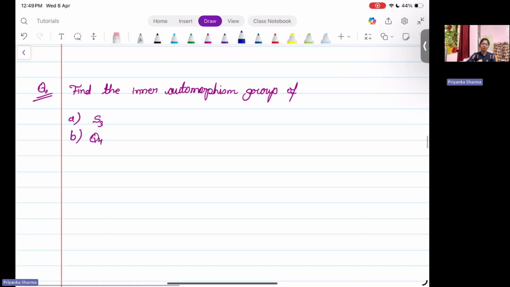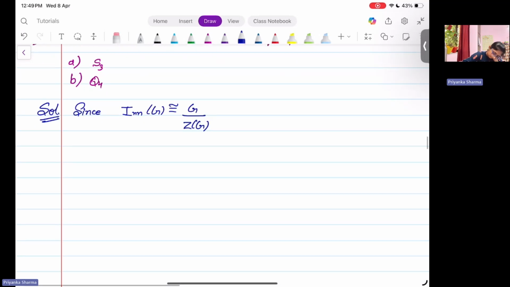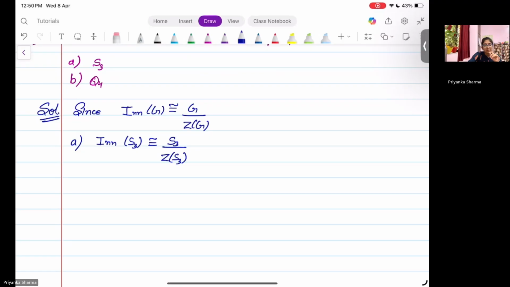So let's find the inner automorphism groups of these two groups next. The inner automorphism group of G is isomorphic to G by Z(G). For the first one, the inner automorphism group of S3 is isomorphic to S3 by the center of S3. What is the center of the symmetric group of degree 3?